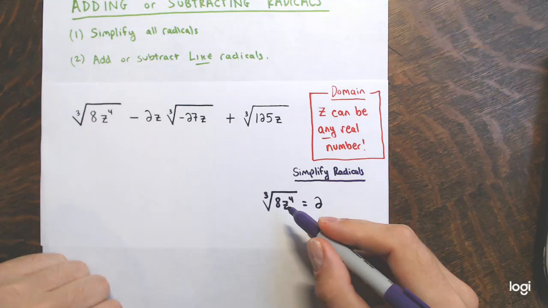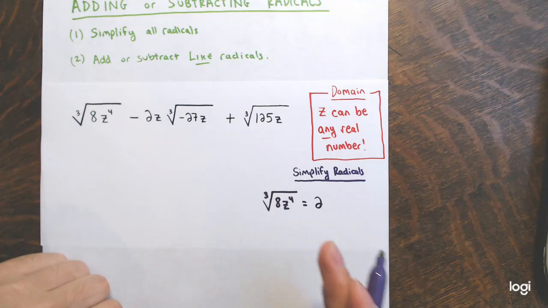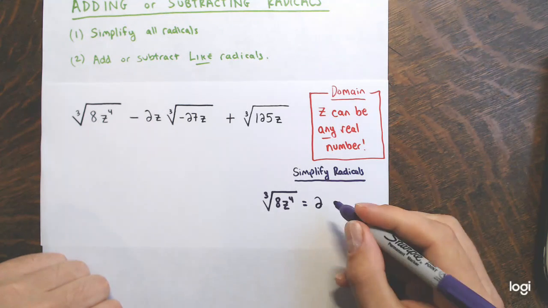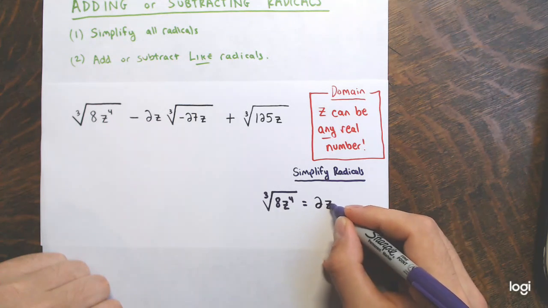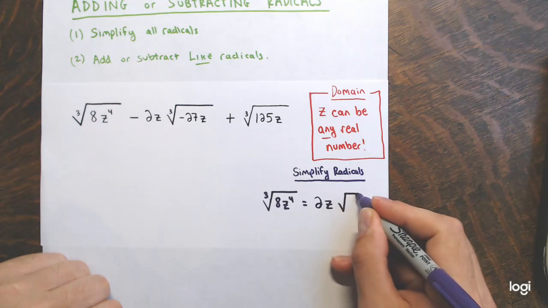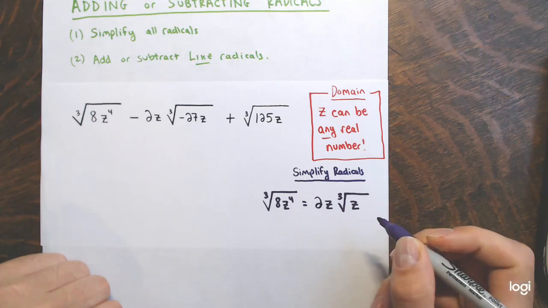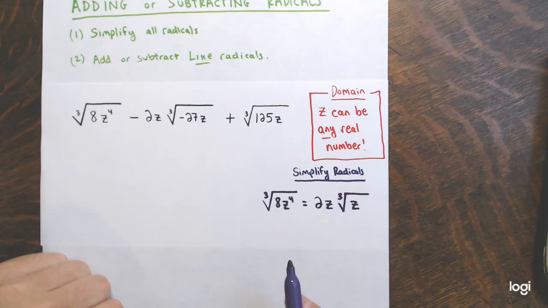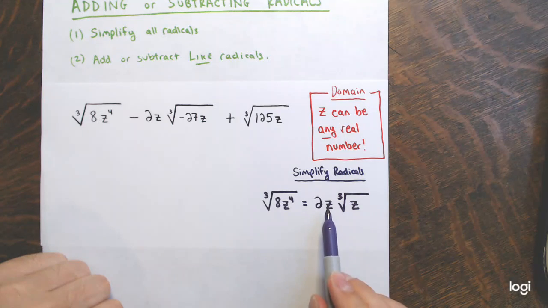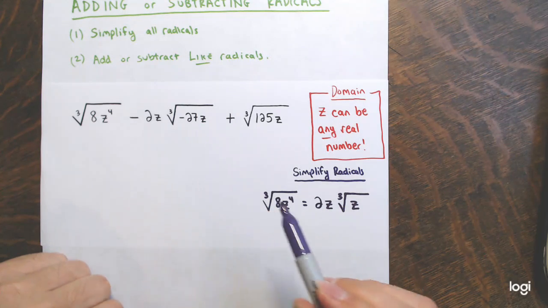And then remember, we did this with x to the 4th earlier. z to the 4th I can break up as z cubed times z. And the cube root of z cubed would just be z. And then you'd have a z left over inside the cube root symbol. And that would be the only factor that's not a perfect cube, that z to the 1st. So this simplifies to 2 times z times the cube root of z. All right, the next one.